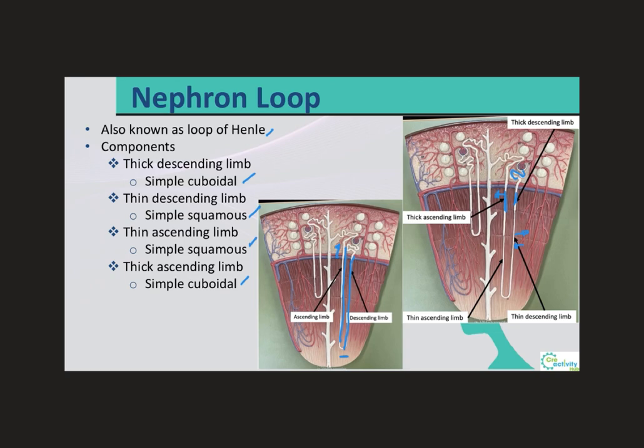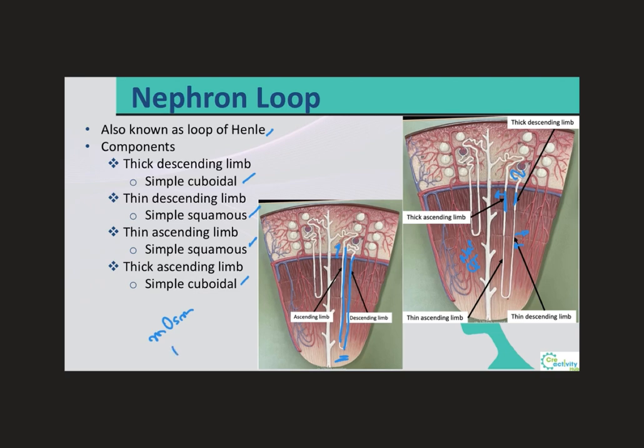As a result, the medullary interstitial fluid will contain an unusually high concentration of solutes. This solute concentration is usually expressed in terms of milliosmoles, and near the base of the loop, in the deepest part of the medulla, the solute concentration of the interstitial fluid is 4 times that of plasma.